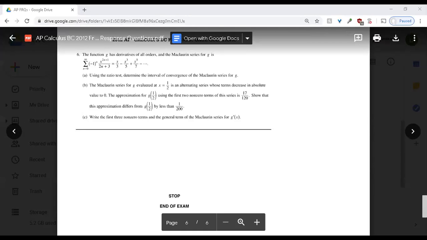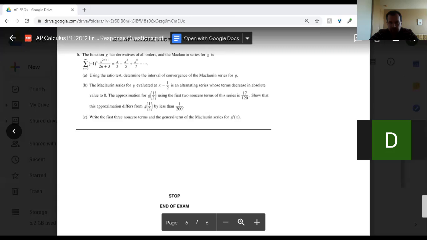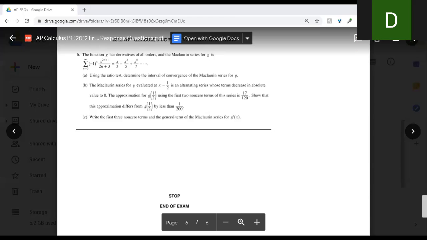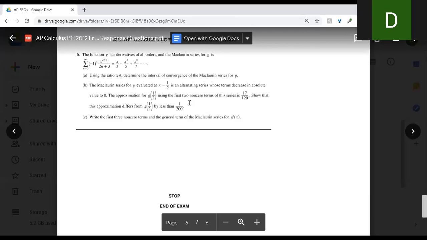Then can we look at 6c? Let's look at 6C. Okay. Hold on one second.